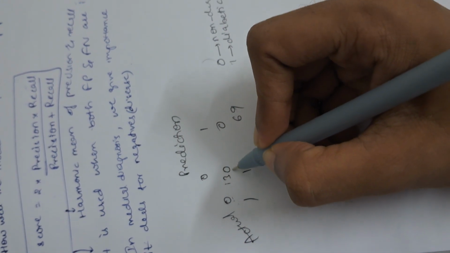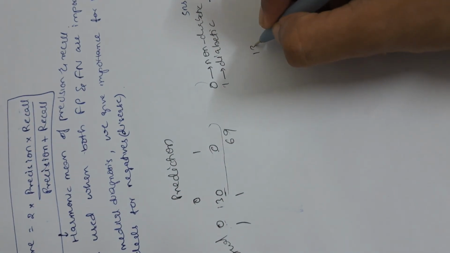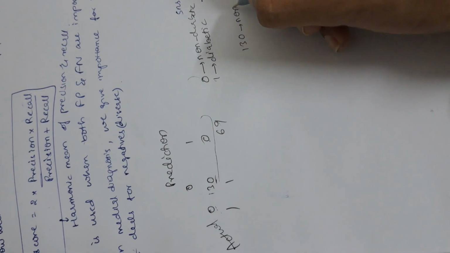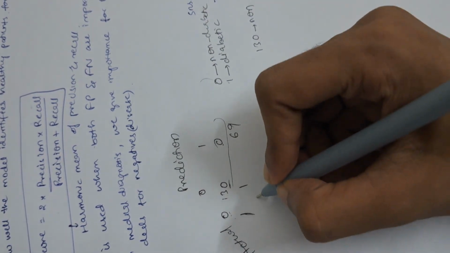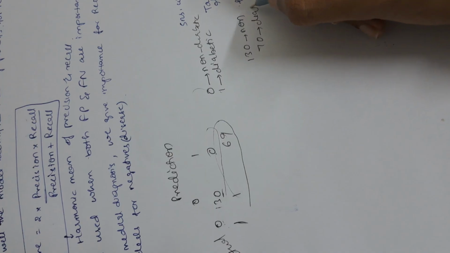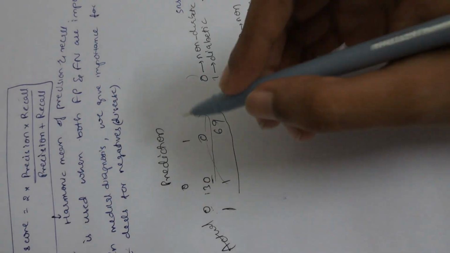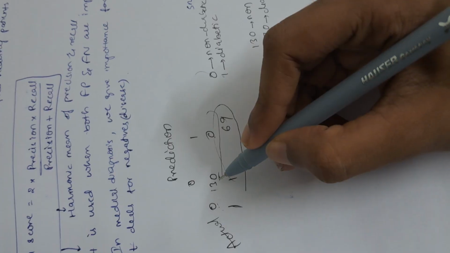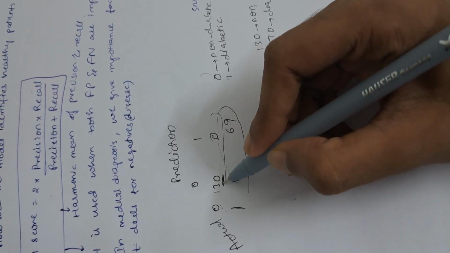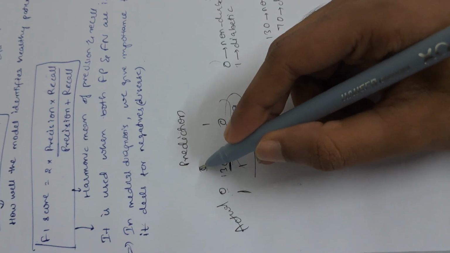Actually 130 plus 0, so a total of 130 non-diabetic patients are there. And 1 plus 69, so 70 diabetic patients in total. In that, for actual non-diabetic, you have predicted 0, meaning non-diabetic.